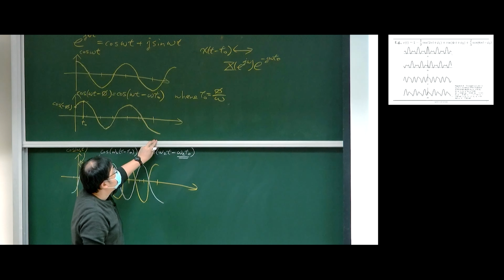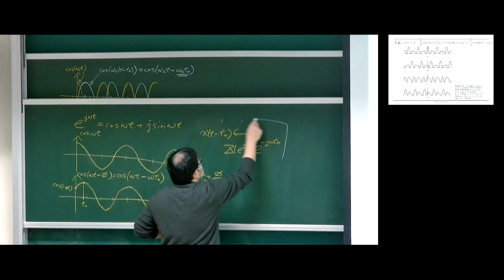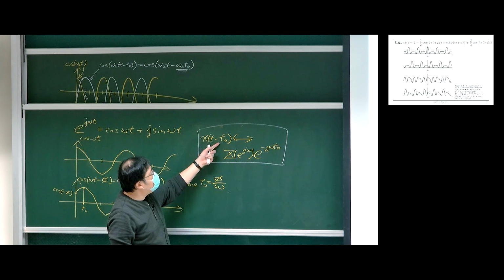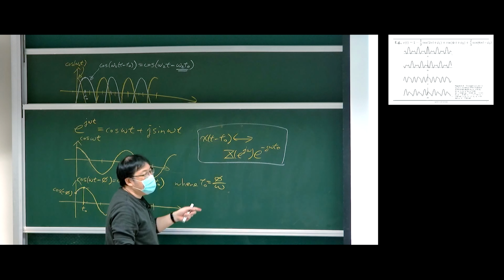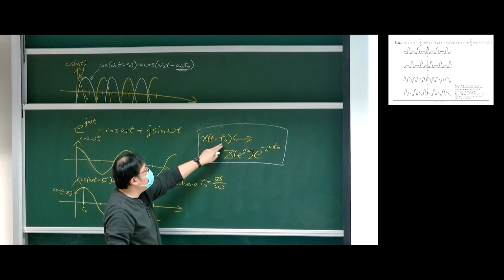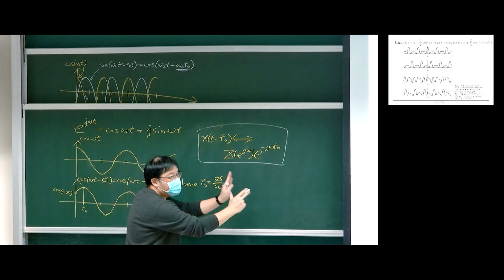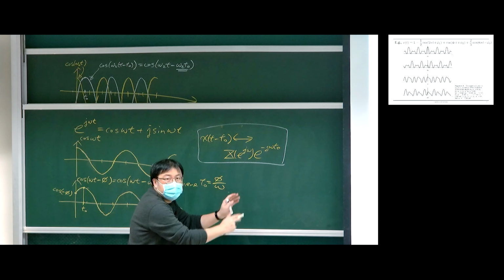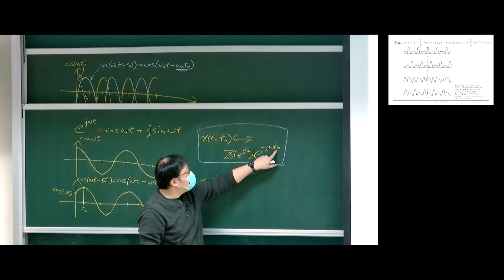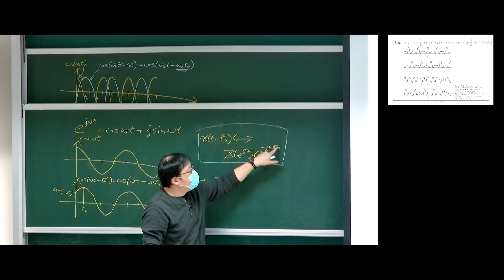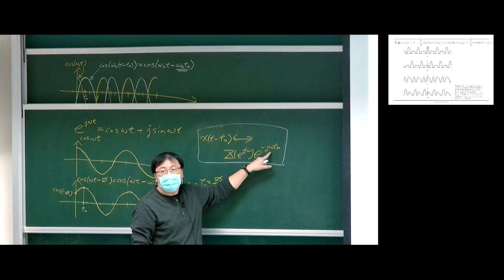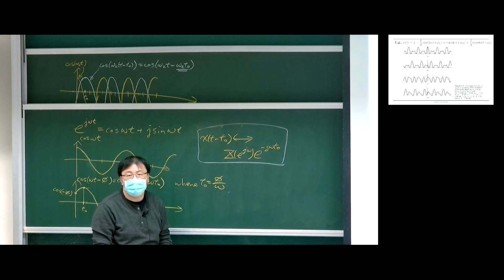This is also exhibited in this formula. When you delay the signal by t naught, the original x of t has many different frequency components, and you're delaying all of them together by t naught. So every different frequency component experiences a different phase shift that is linear in the frequency omega.